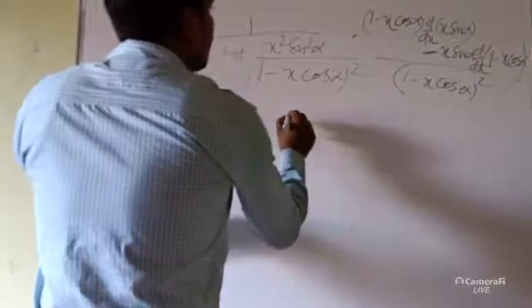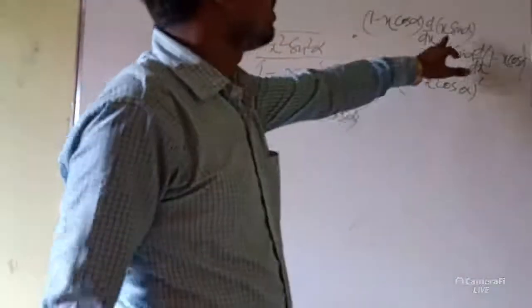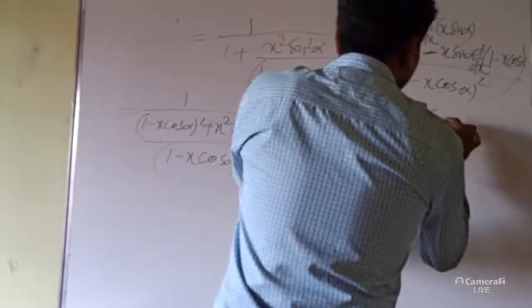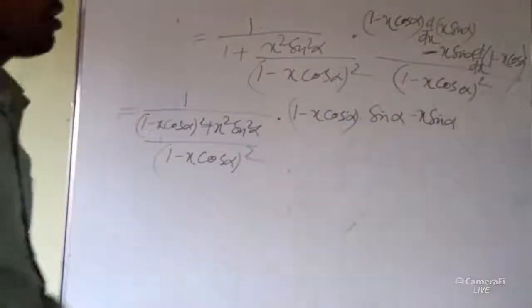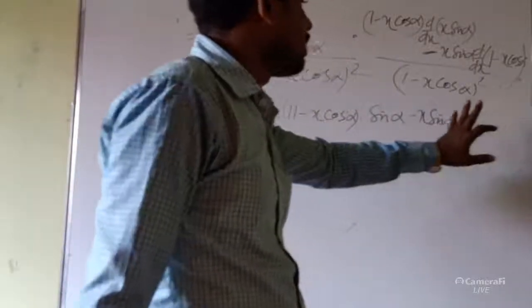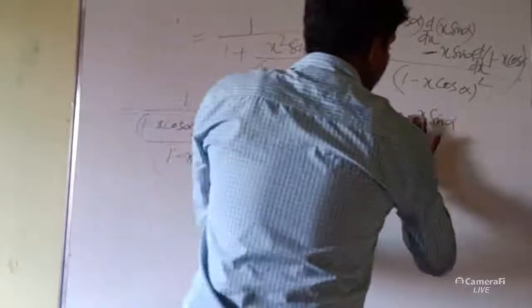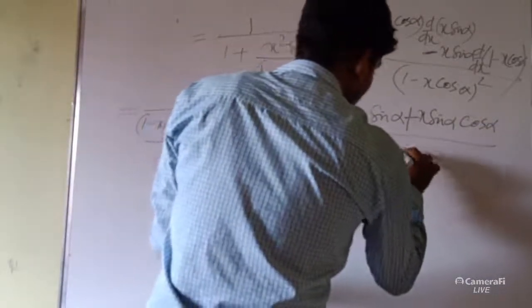Here the 1 minus x cos alpha stays, and the derivative of x sin alpha, where sin alpha is constant, is only sin alpha. Then minus x sin alpha times the derivative of 1 minus x cos alpha, where cos alpha is constant, is minus cos alpha, so here plus cos alpha, divided by the whole square of 1 minus x cos alpha.